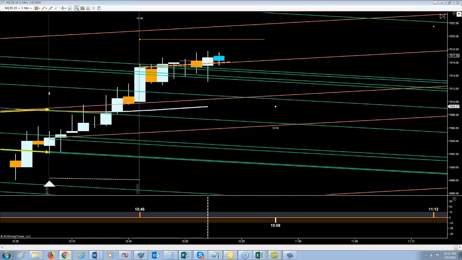What do you think it means? Going up. That's right.